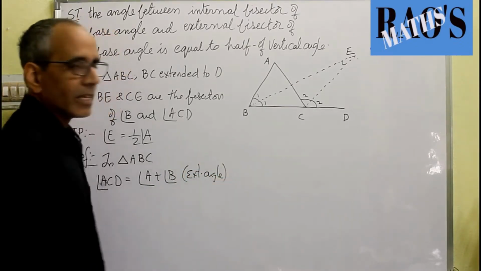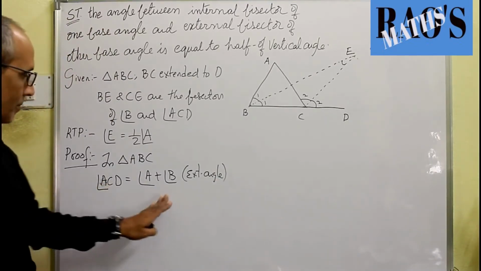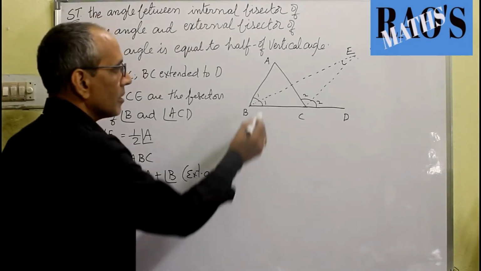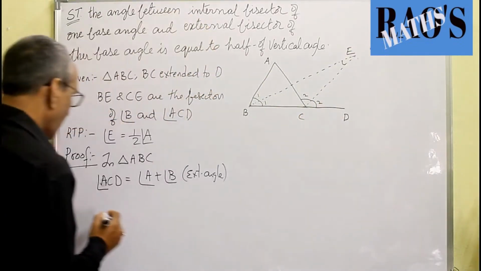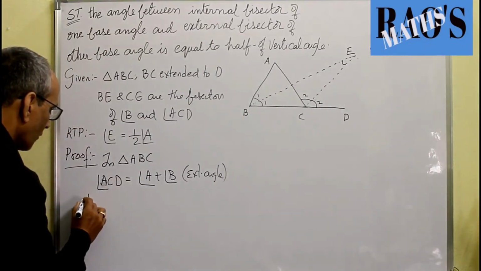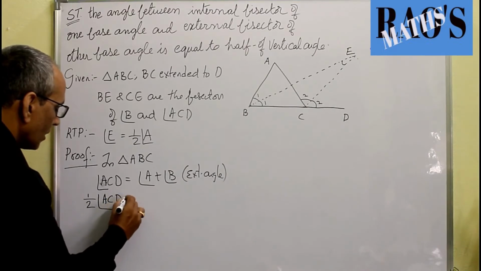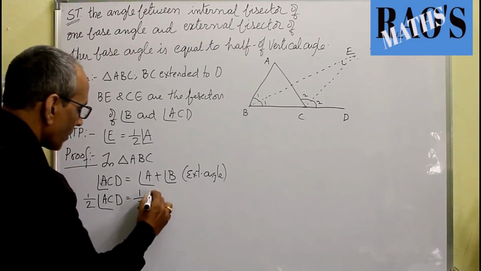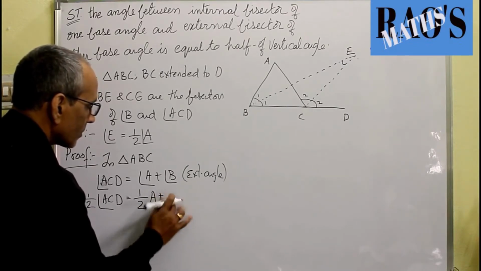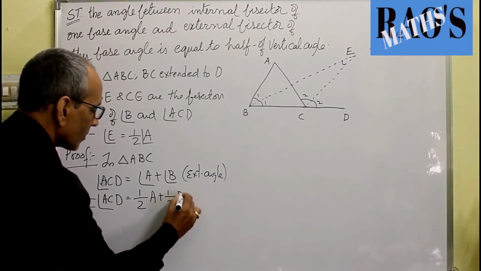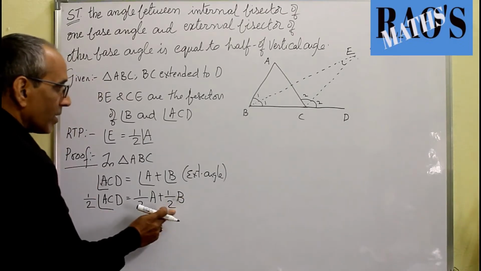We learned this in 7th class: the exterior angle is equal to the sum of the two interior angles. Since total ACD is bisected by CE, I write here half of angle ACD is equal to half A plus half B. What is half of B?